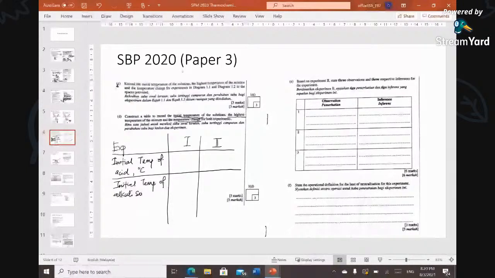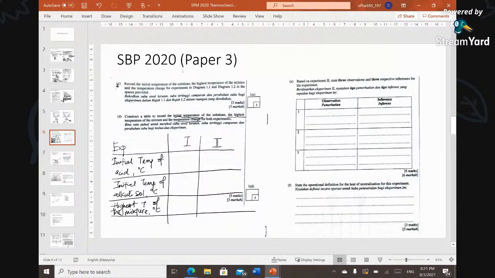Okay, and then highest temperature of the mixture, so be specific, degree Celsius, and then the last one is the change of temperature, degree Celsius. Okay, so you can get full marks.